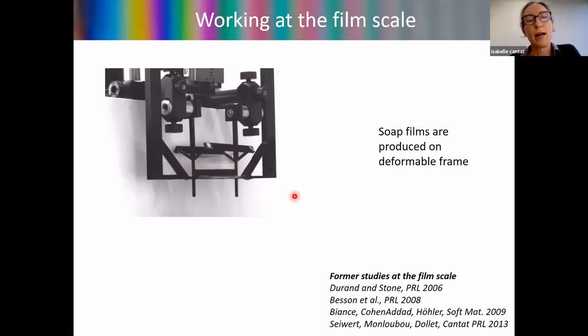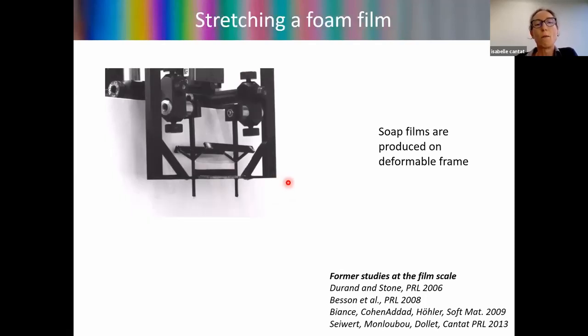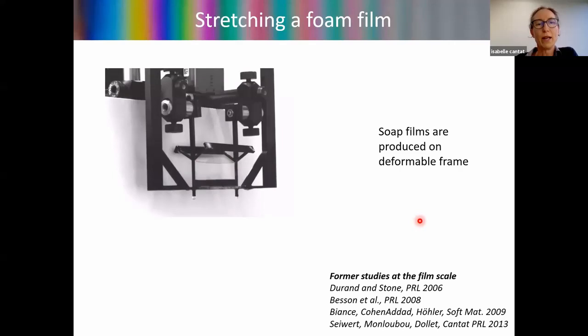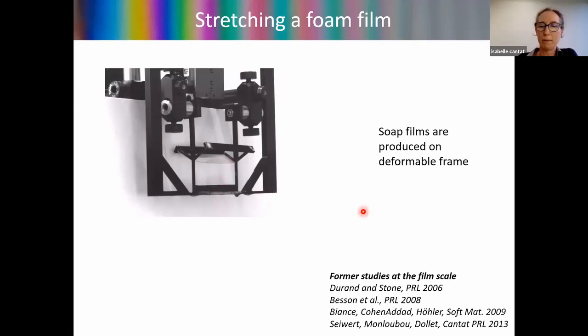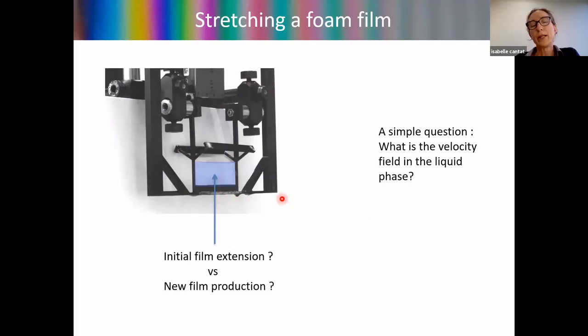So now, having produced our system, we will deform the film by simply moving the solid that limits the film and stretch the film. So yeah, already we can ask a very simple question. What is the velocity field in this foam film?